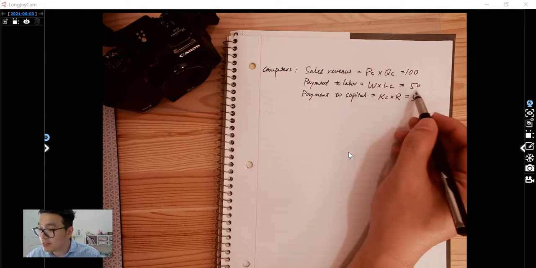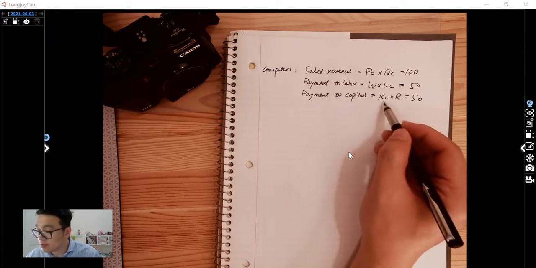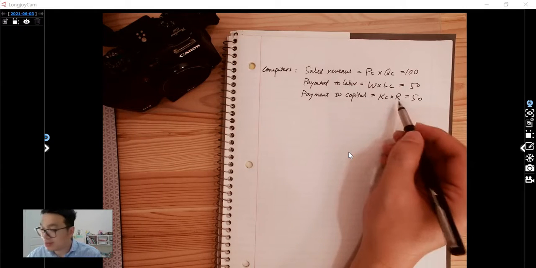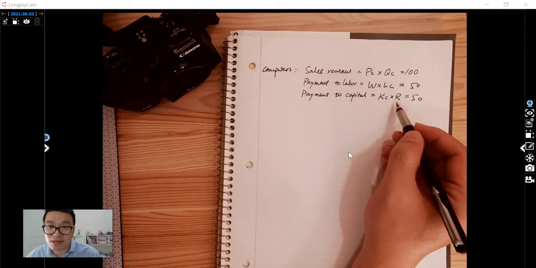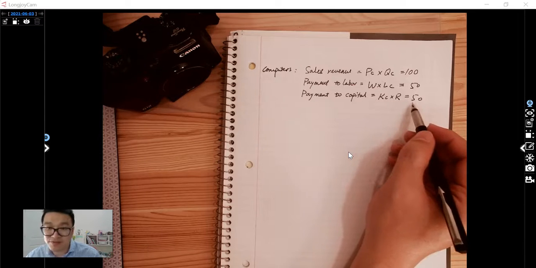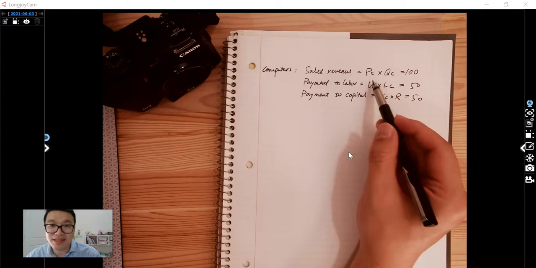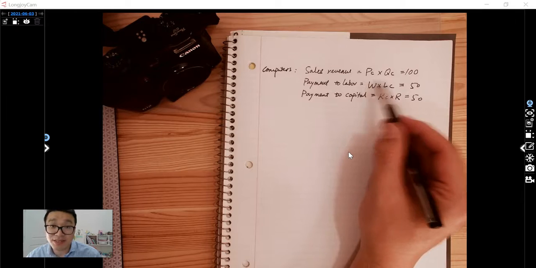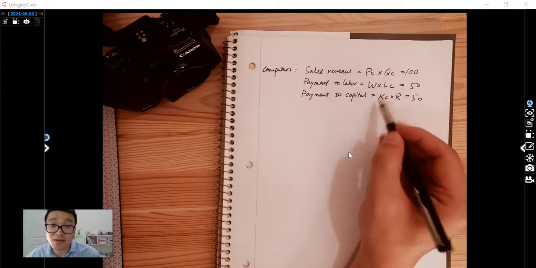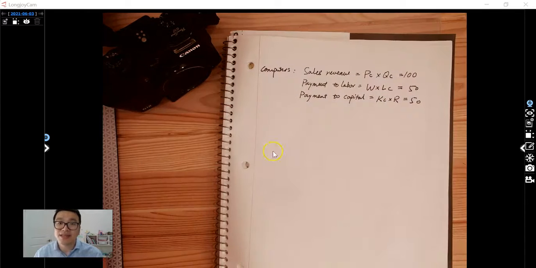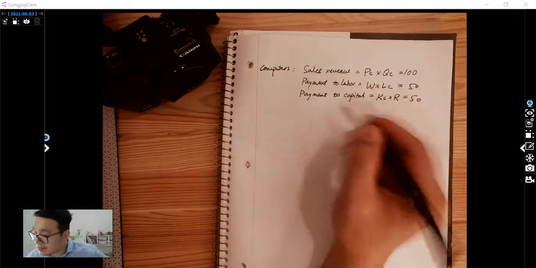That number is 50. The payment to capital is all the capital stock used in the computer industry, KC, times R, which represents the rental on capital, equals 50. We don't need to know exactly the individual values of PC, QC, W times LC, or KC times R, as long as we can find the total value here, that would be fine.